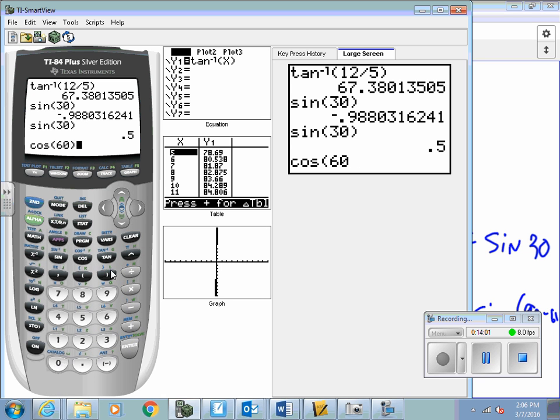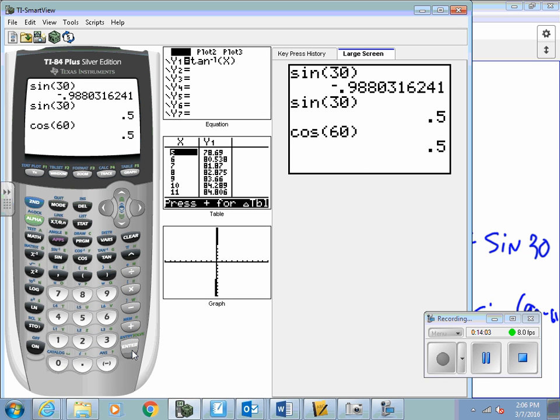Cosine of 60 equals 0.5. And you can kind of see that on the unit circle at the places where all the values match up. The only thing that happens between 30 and 60 is that the cosine and sine switch. So obviously at 60, the cosine is the same as the sine at 30 and vice versa. But it works for any angles.